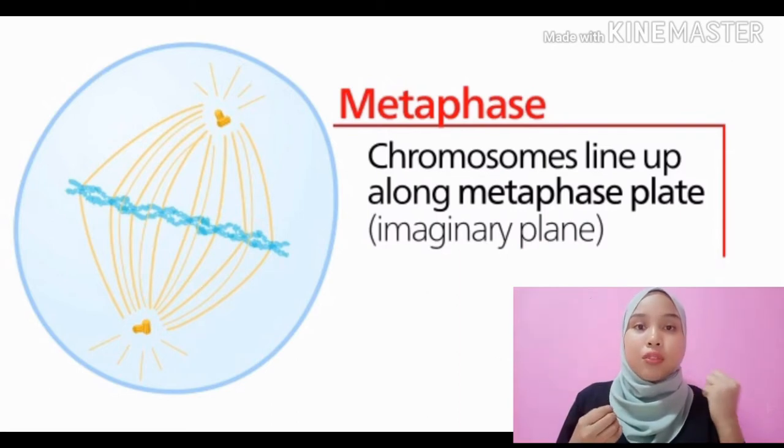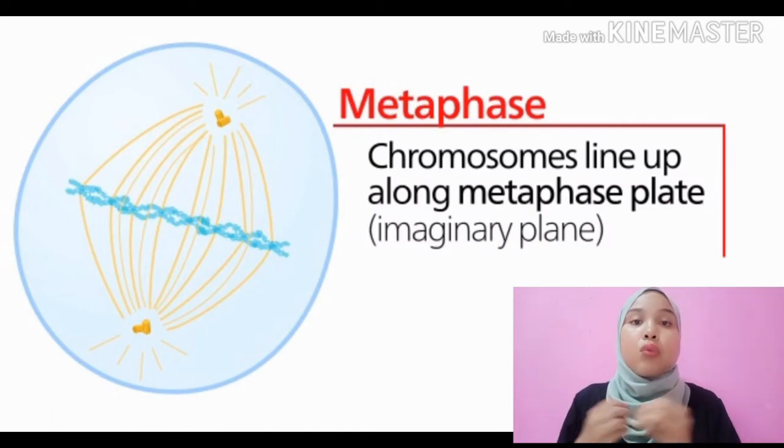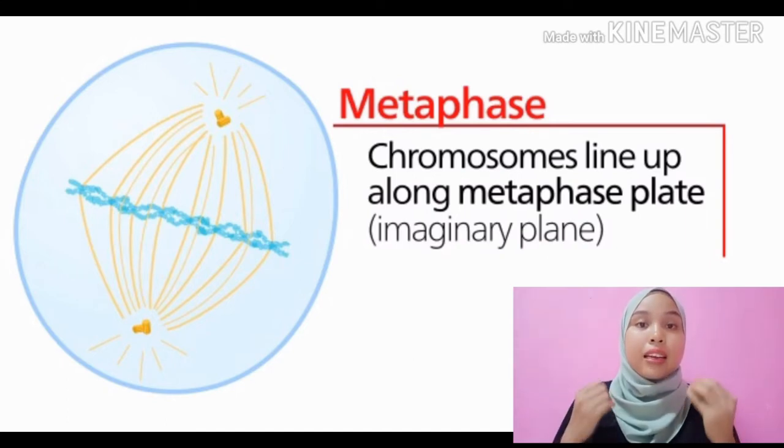This spindle fiber then will capture the chromosome by attaching to the centromere, and then it will pull the chromosome and arrange it in a single row at the equatorial plane.